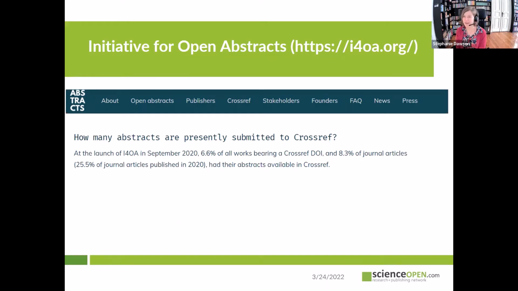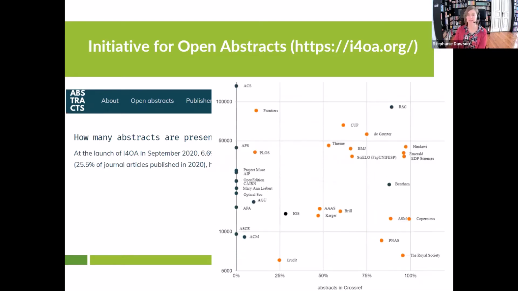So you can see that is an extraordinarily low number. Here in orange are some of the publishers who are making their abstracts freely available as part of their Crossref metadata.